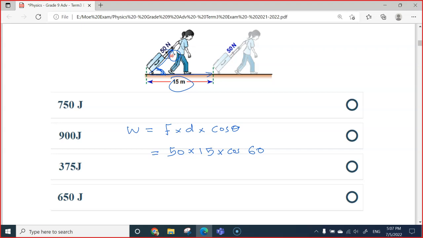You can do the calculation. 50 multiplied 15 multiplied cosine 60. So I am getting 375 joule. So this is the answer for the question number 1.